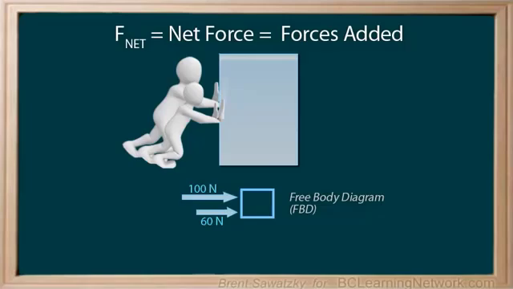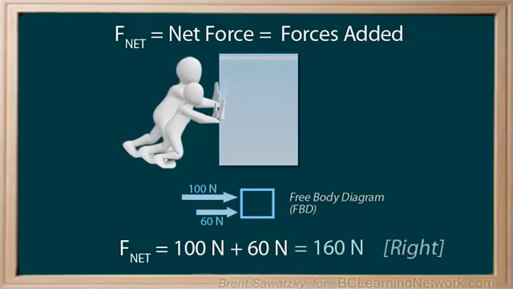So now let's consider what's happening here by referring to our free body diagram. Since you're both pushing in the same direction, that is, the force arrows on the free body diagram are both in the same direction, we could just add the forces together and determine that the box receives a total applied force of 160 newtons to the right.